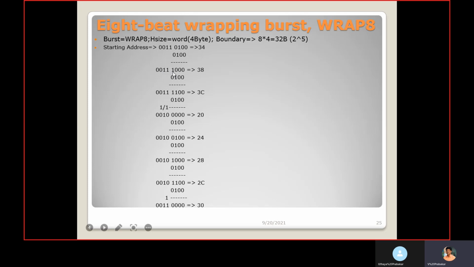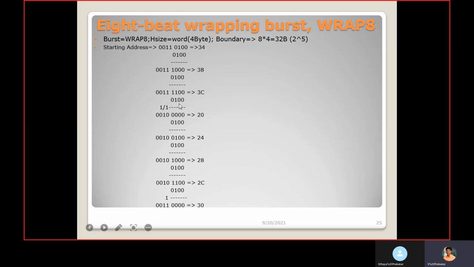So this is 3 and this is 8. 38 is the next HADDR. For the next transfer, again it will increment by a word. Again we are adding 4: 0 0 1 1 1 1 0 0. So the value is 3 and this is C.